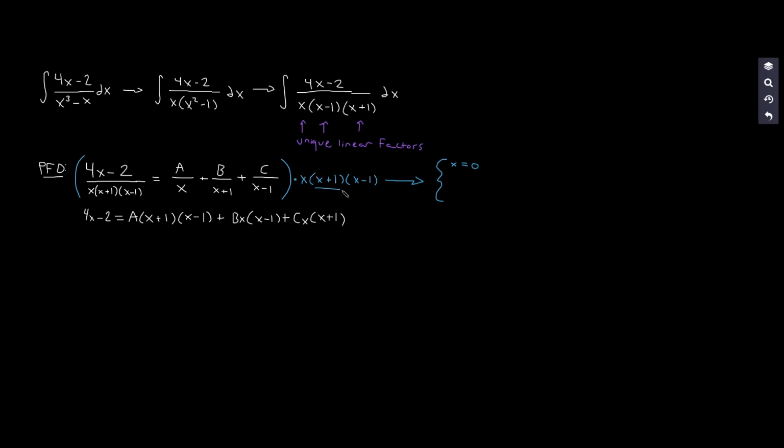For x plus 1, if you set x plus 1 equal to 0, that's just going to mean that x is equal to negative 1. Then if you have x minus 1 equals 0, then that means that x equals 1.